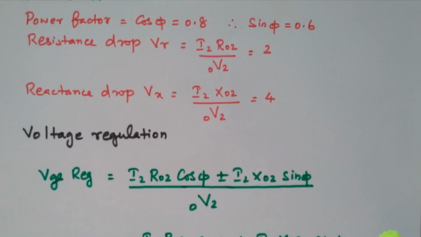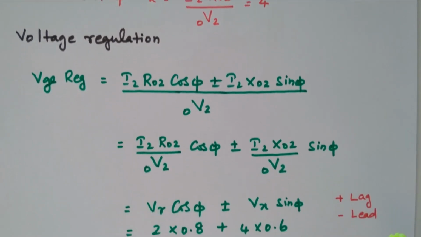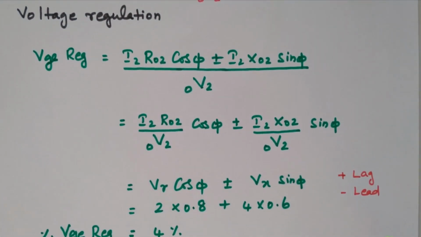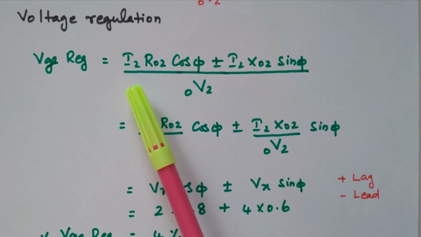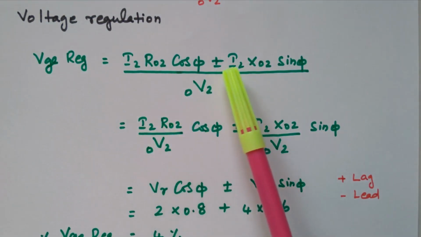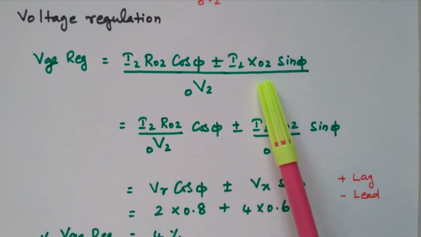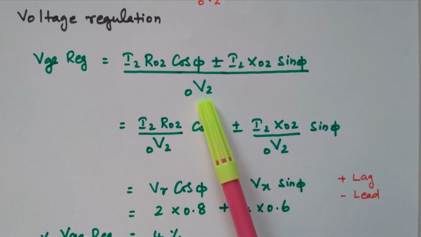From that we need to find the voltage regulation. The voltage regulation formula is I2 R02 cos phi plus or minus I2 X02 sin phi divided by no load secondary voltage. Now we'll split the terms.